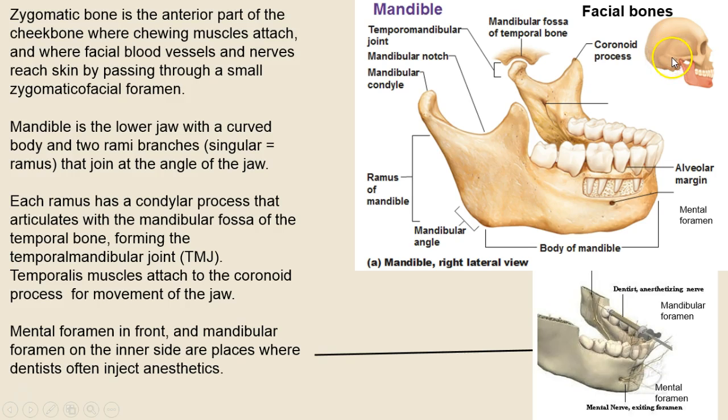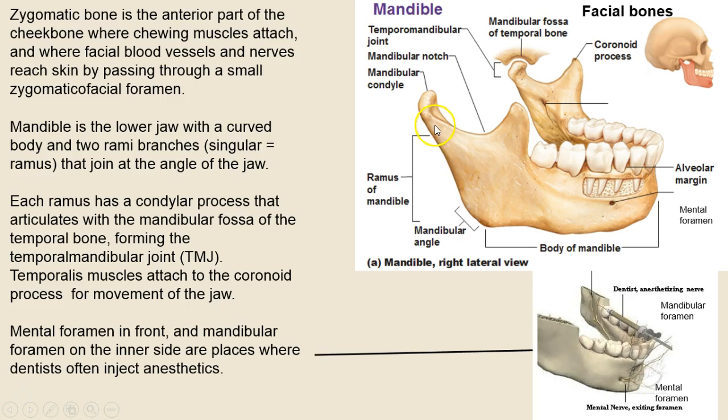The temporal bone has part of the zygomatic process, and it connects to the zygomatic bone. And here we have lots of muscles attaching for chewing. Below is the mandible. We have the curved body of the mandible, and then the angle, and then the rami is plural.